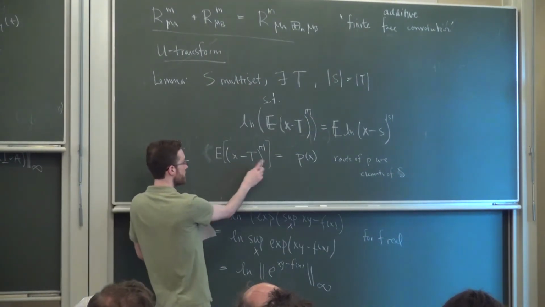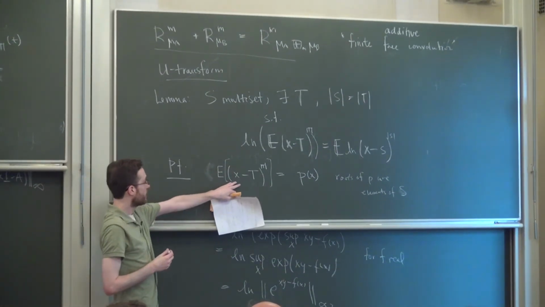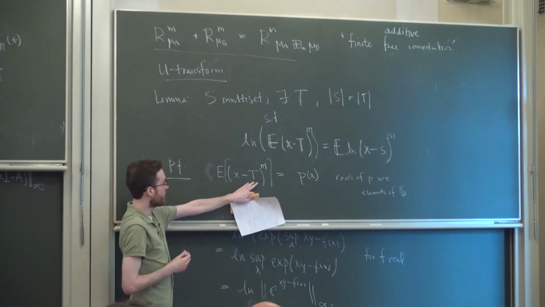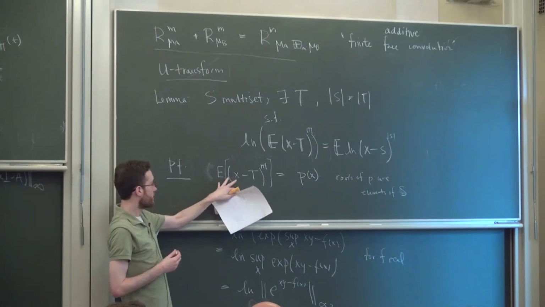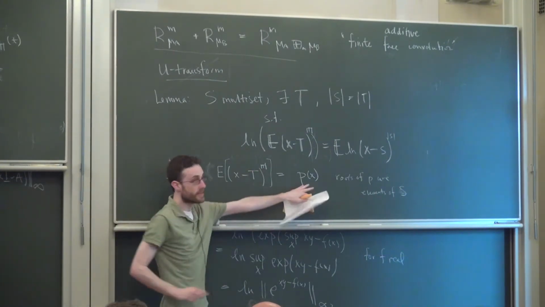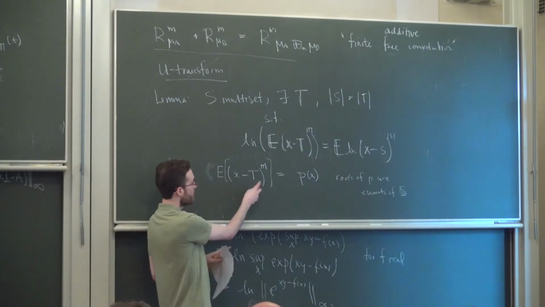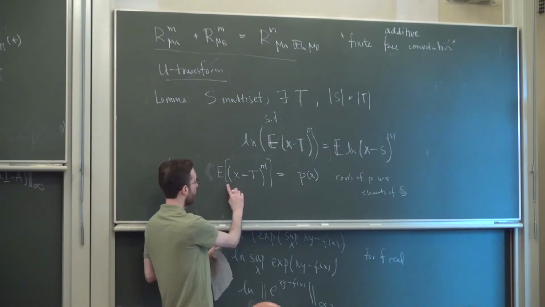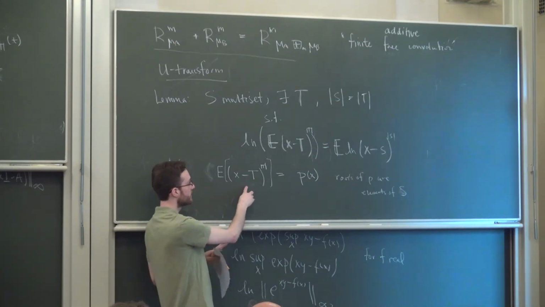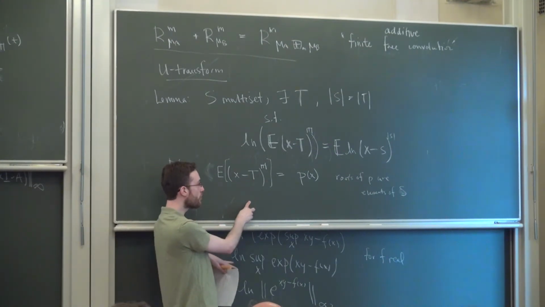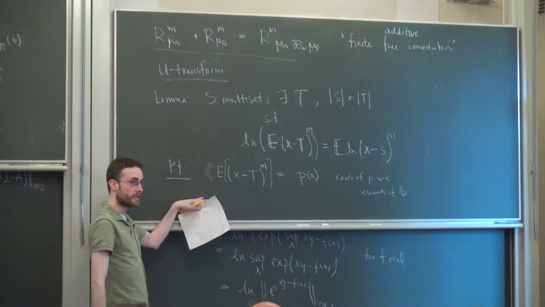So I've been given some degree d polynomial P. I want to find a random variable with support size d such that the expected value of x minus t to the d is this polynomial. In order to do that, if I expand this function, I essentially get that each of the first d moments is equal to something over here.